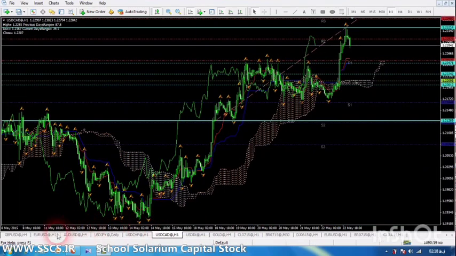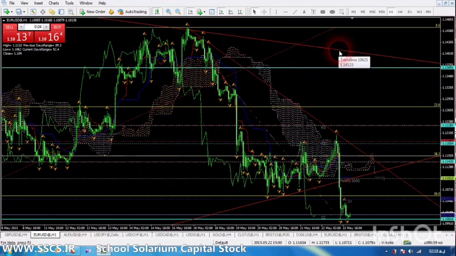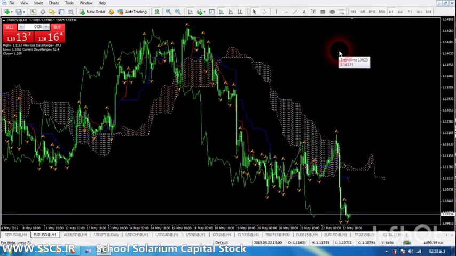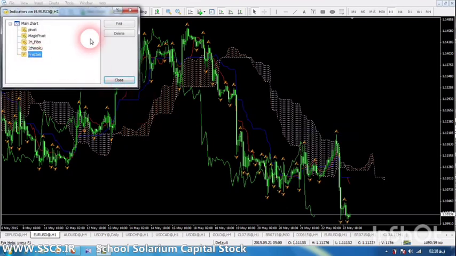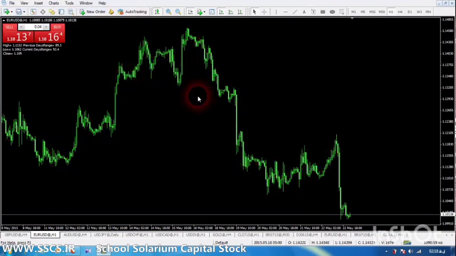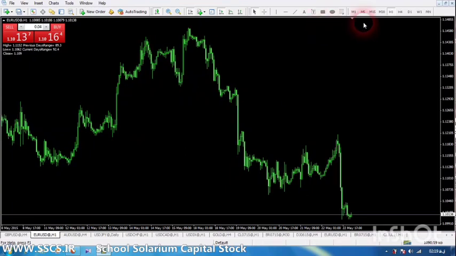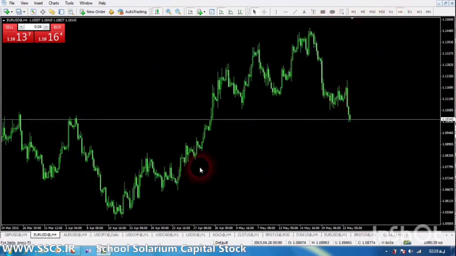I'm trying to find a great chart. There are a lot of things on my chart. I apologize for that. So in here, it's a good chart.